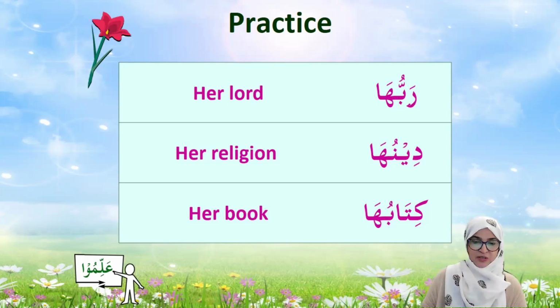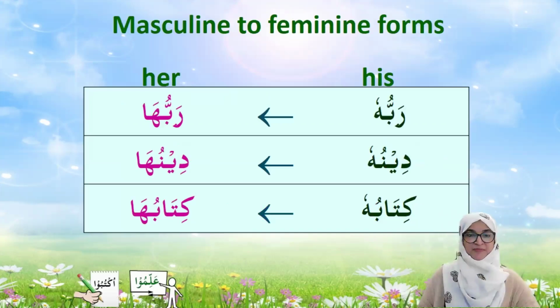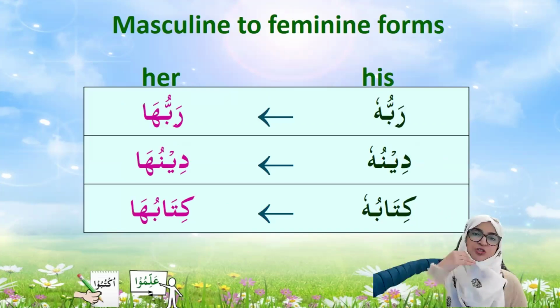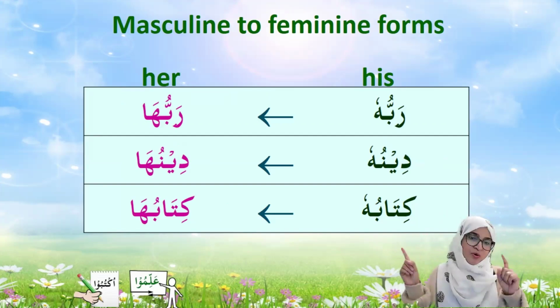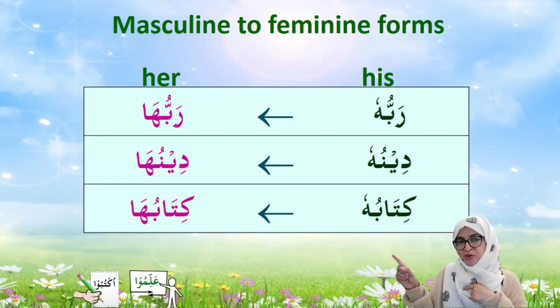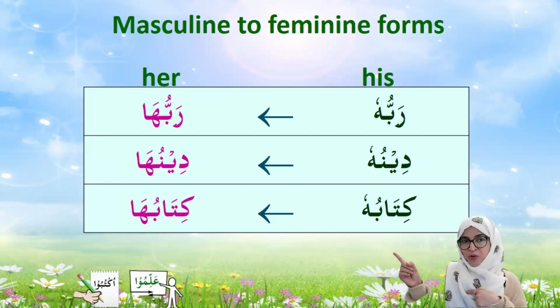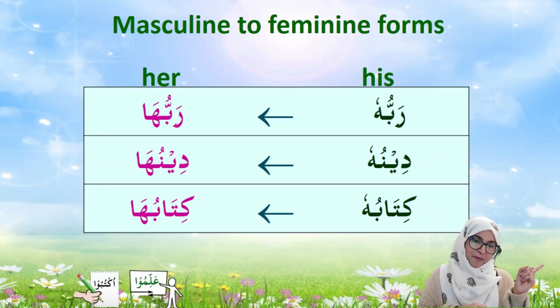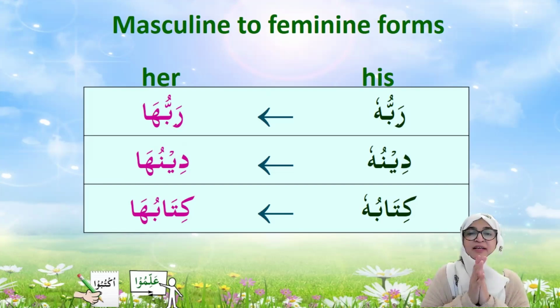All right, so now let's go ahead. Okay, now this is it. Here it is clearly Rabbuhu. All of you should practice on your own. On the right hand, everyone, put your finger on the right hand, say Rabbuhu, Rabbuha, Rabbuhu, Rabbuha. Again, Rabbuhu, Rabbuha. Remember, your hands are very important because these hands will make a connection for you.